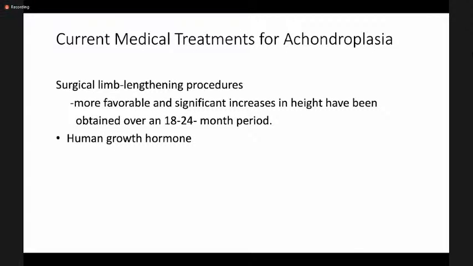What are the current medical treatments for achondroplasia? Surgical, and this involves lengthening procedures of the long bones.